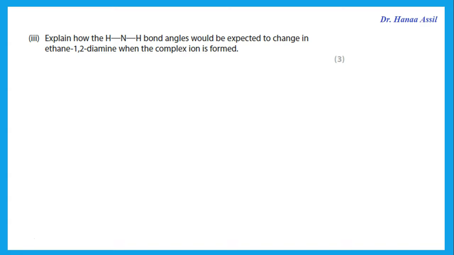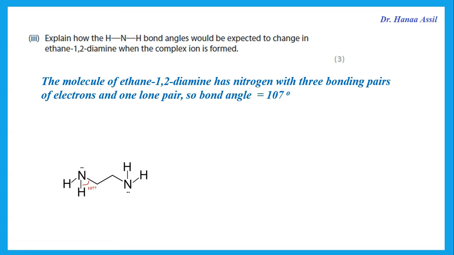Explain how the H-N-H bond angles would be expected to change in the ethane 1,2-diamine when the complex ion is formed. So we're starting with ethane 1,2-diamine. This is the structure, and that means I have nitrogen with 3 bonding pairs of electrons and a lone pair of electrons on the central atom, and therefore we said this kind of structure would be pyramidal with a bond angle of 107.